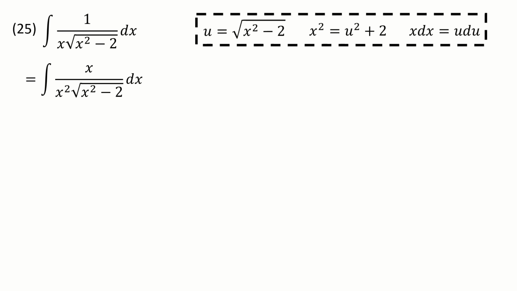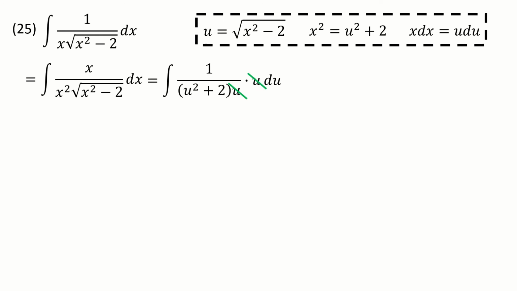Next, we use a substitution. We let u equal the square root of x squared minus 2. So we can solve for x squared, which is u squared plus 2, and x dx equals u du. So we plug them back into this integral, and we got here.